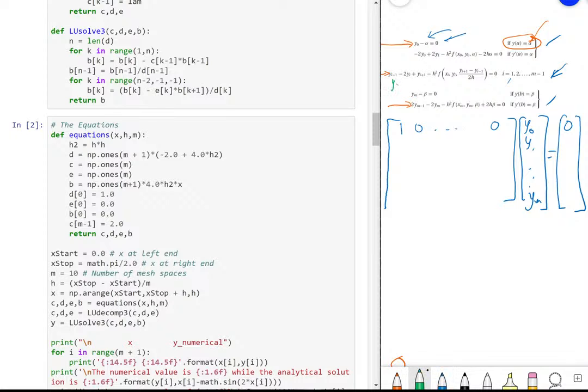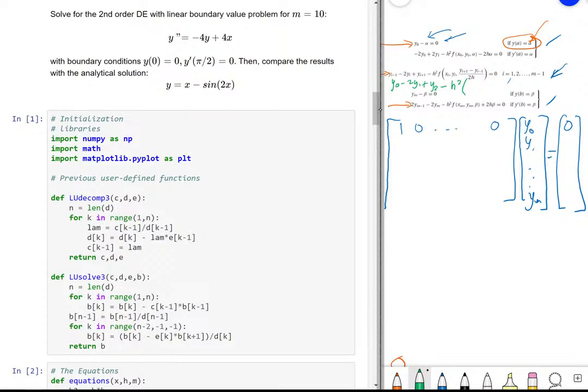You have y0 minus 2y1 plus y2, minus h squared times the function at x1. The function comes from the equation, y prime equal to negative 4y plus 4x.